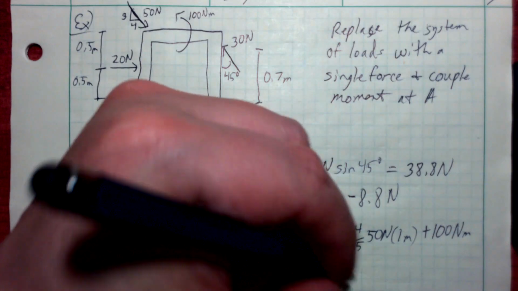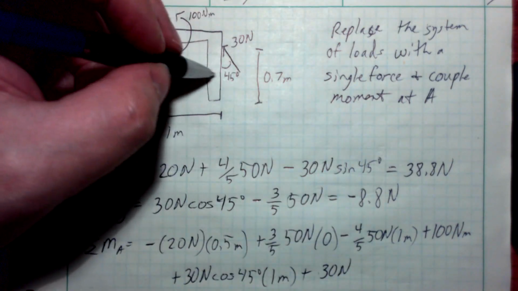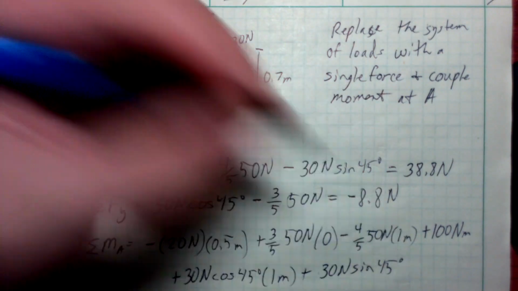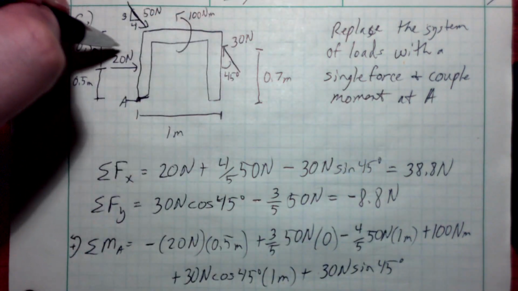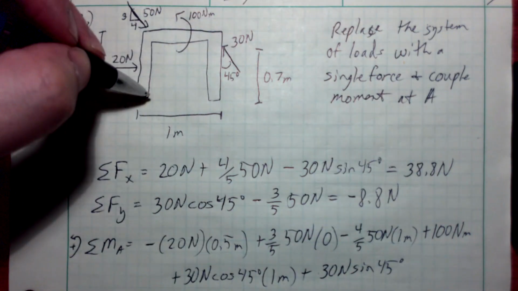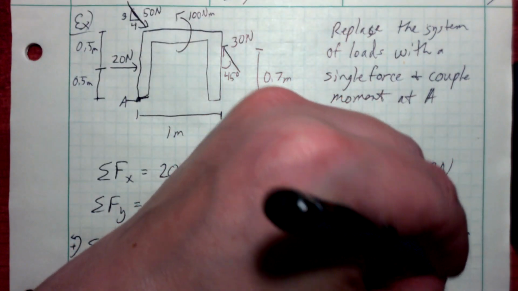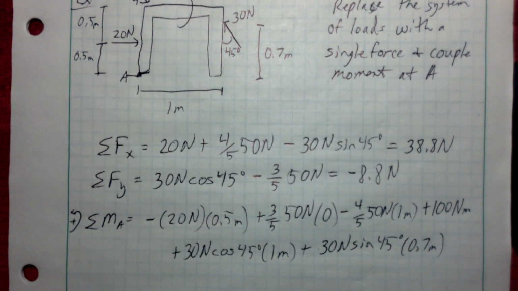A positive moment of 30 newtons. The horizontal component is opposite of that 45-degree angle, so that is a sine 45 degrees. And its distance to the line of action for that horizontal component is this 0.7 meters from point A. All right, I'll pause there and let you get an answer.